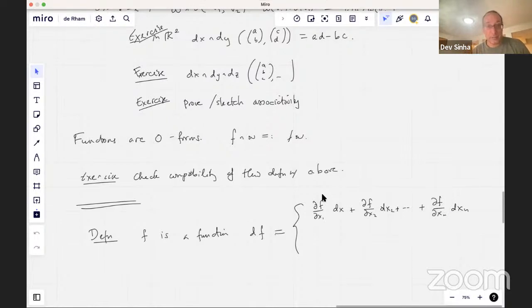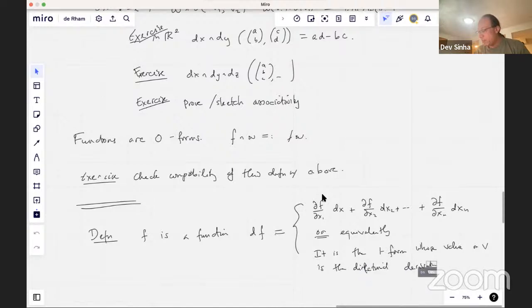Basically, it's the gradient, but in the language of forms. Or equivalently, it is the one form whose value on some vector field v is the directional derivative of f in the direction of v.